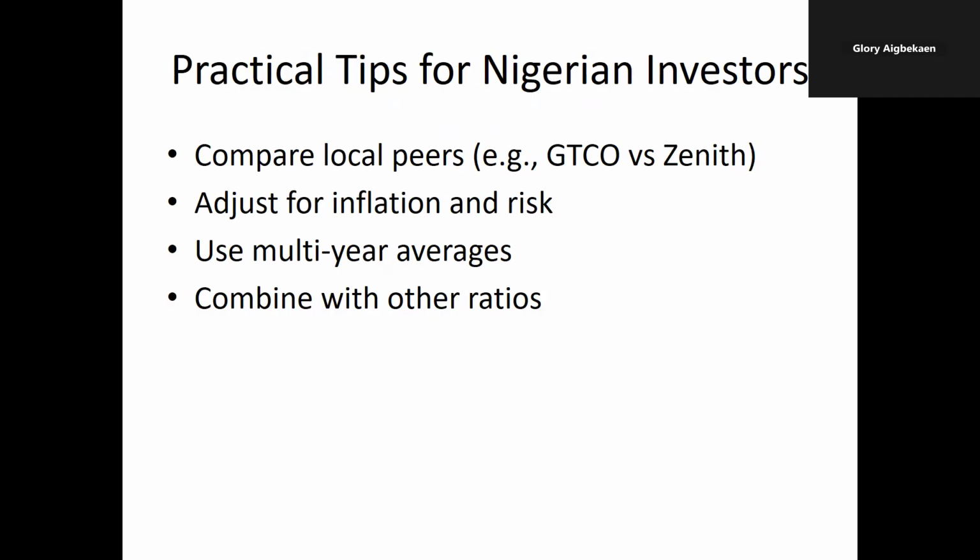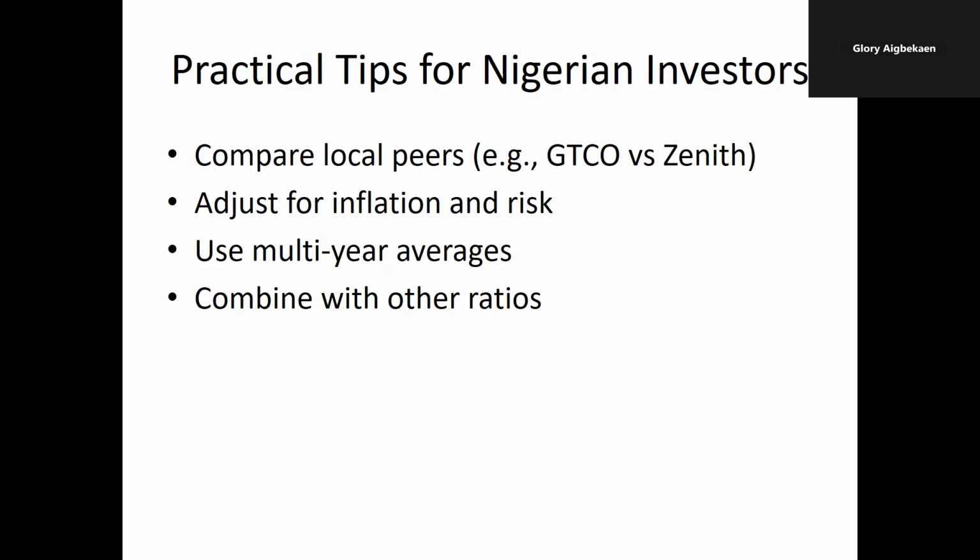Now, if you are a Nigerian investor and you're investing in the Nigerian Stock Exchange, there are some practical tips that you may want to take away. It is good that you compare local peers. When you have determined your fair PE, compare it with other companies.